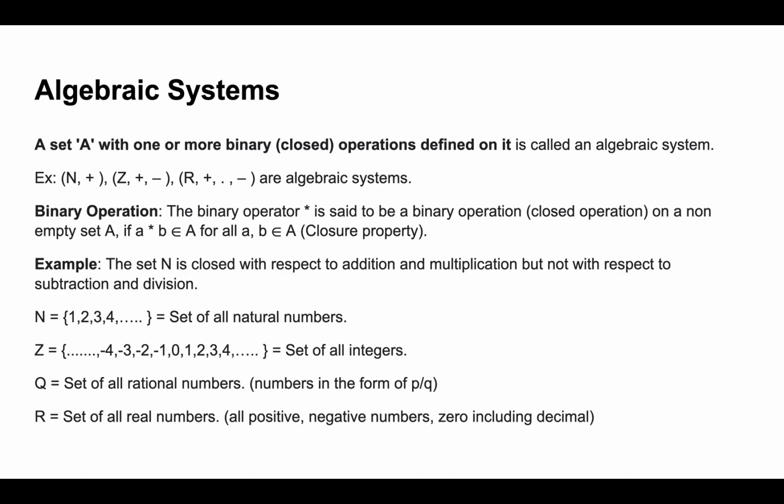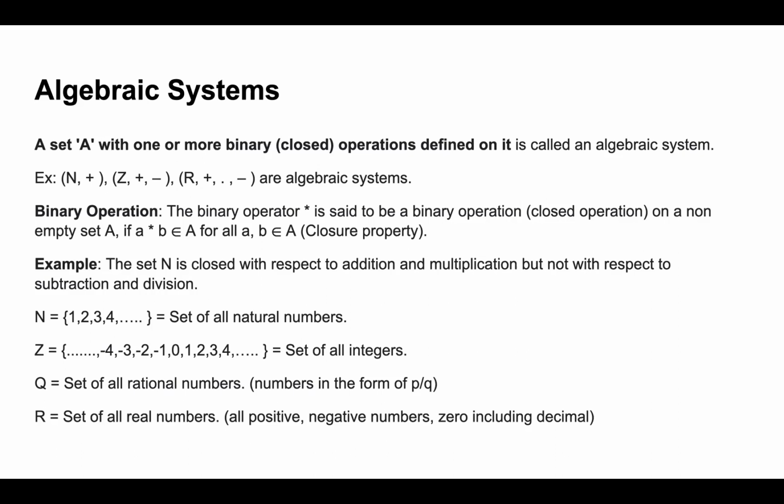Binary operations defined on it, which are closed there, means what? In that set only, whichever 2 elements we are taking, and the operation performed on those 2 elements, the answer coming from that is also in the same set. That is nothing but the closed operation.